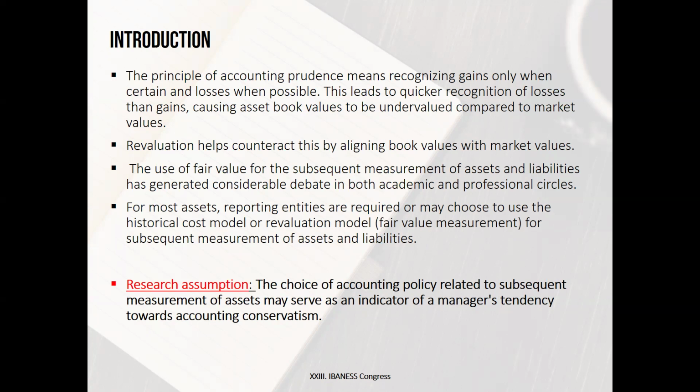For many types of assets, managers can choose to use the historical cost or revaluation model for subsequent measurement of assets and liabilities. Our main research assumption is that the choice between historical cost and revaluation models signals managerial preferences regarding conservatism.